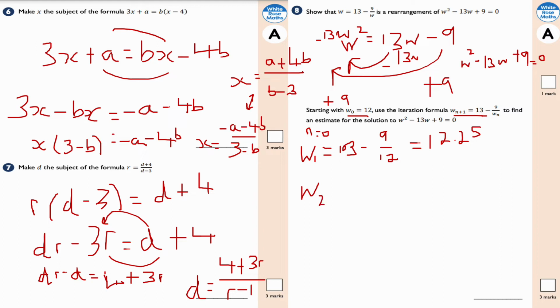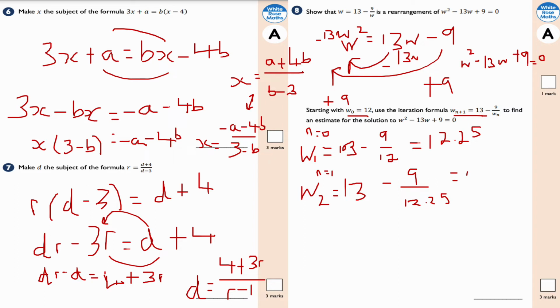For W2, when n is equal to 1, I have 13 minus 9 over 12.25. Now what's going to start happening is it's going to get closer and closer to a certain number, and our job is to recognize what that number is.